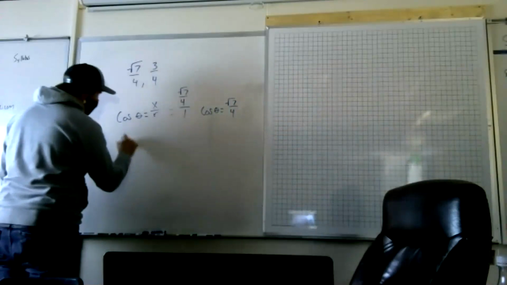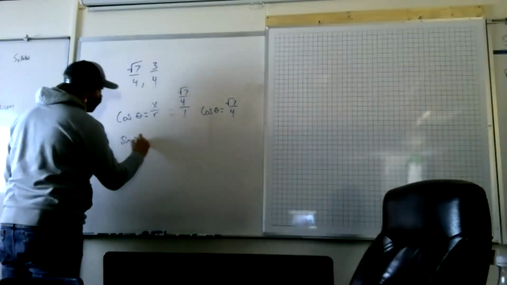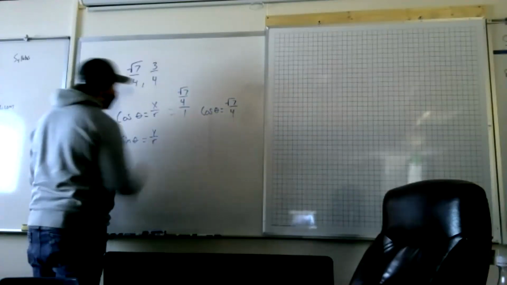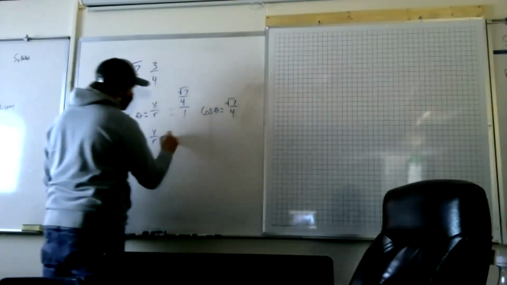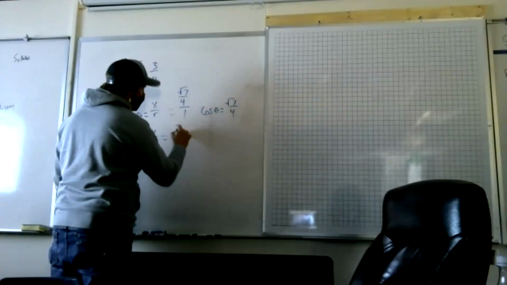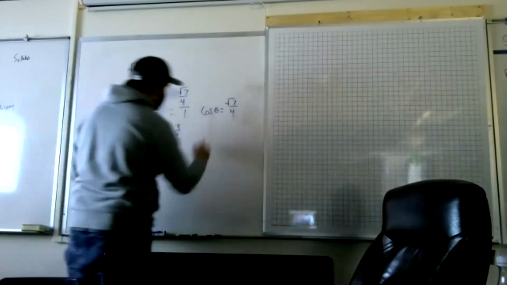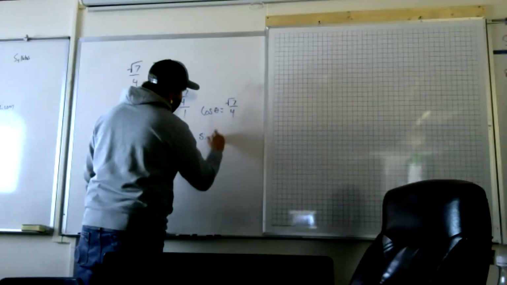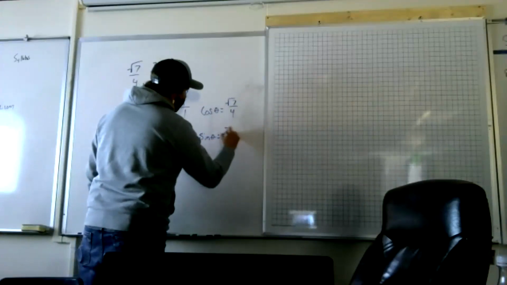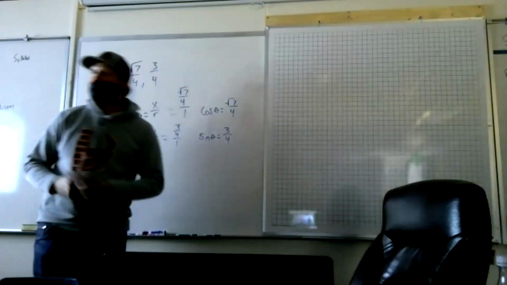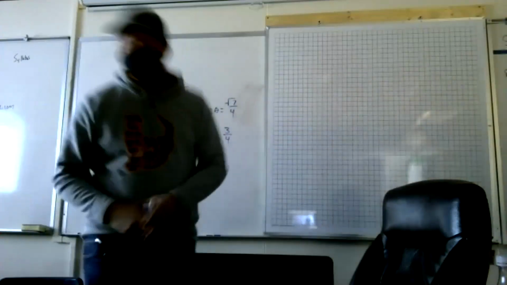Sine of theta, same exact thing. Sine of theta is equal to y over r. In this situation, it is equal to 3/4 or 0.75 over 1. Anything divided by 1 is itself. So sine of theta is equal to 3/4. Okay, done and done.